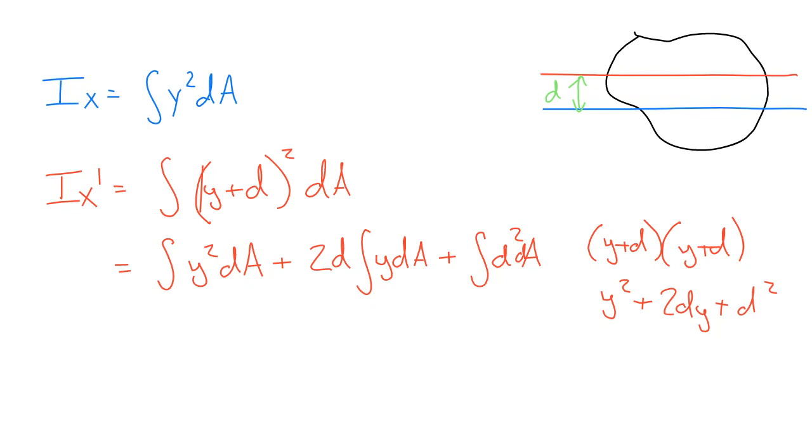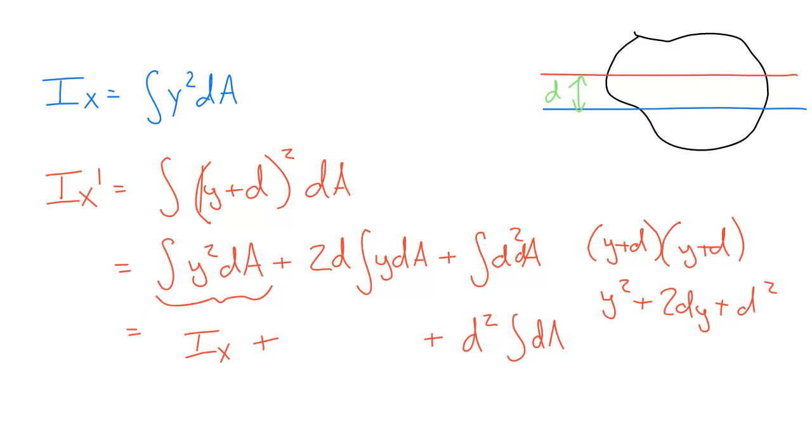So what I can do is rewrite this a little bit. This integral right here, that's just the original Ix. I'll get to this middle integral in a second, but this integral over on the right, if I factor out the d squared, I have d squared times the integral of dA, and that's just the area, right?